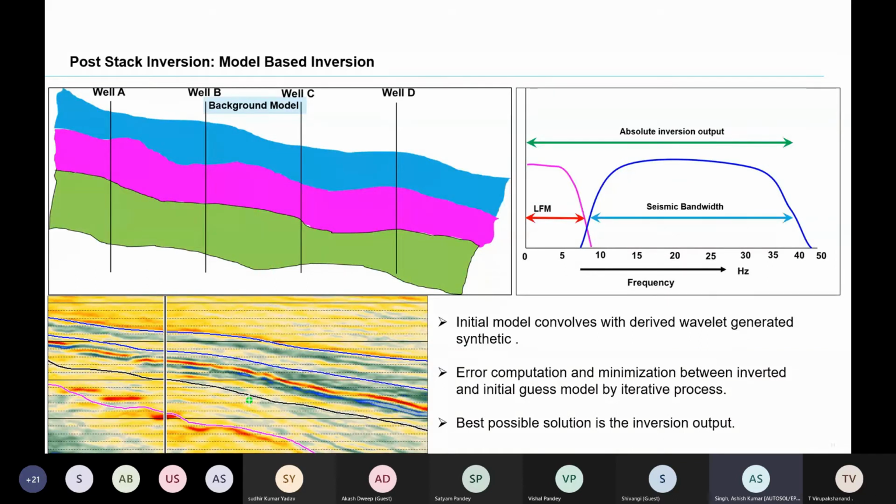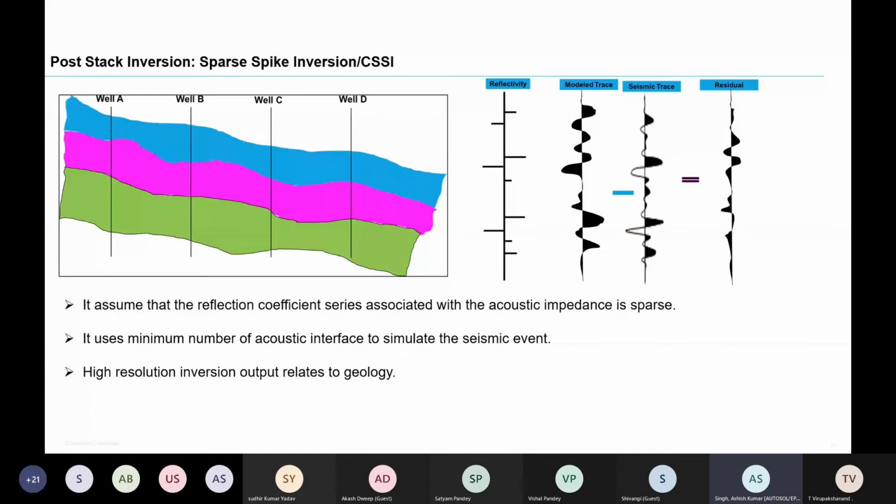Okay. So the second method of inversion is sparse spike. It's the most important because nowadays this algorithm is used in industry. In sparse spike inversion, the assumption is that our mother earth is made of spikes or acoustic interfaces, right?